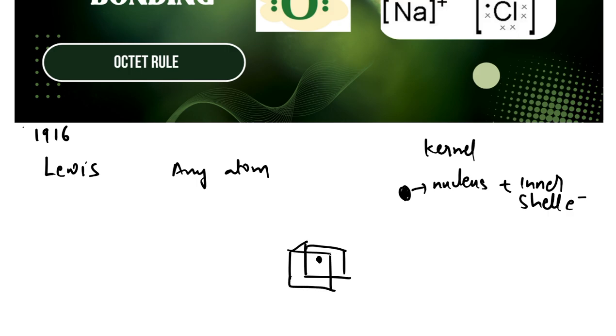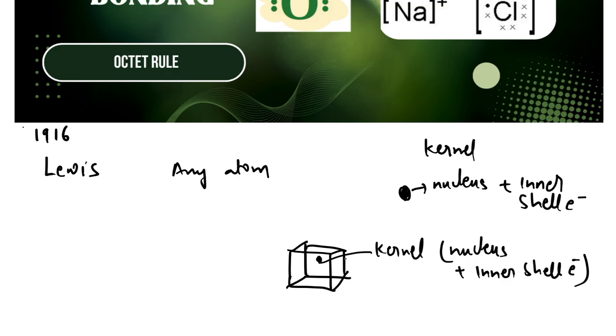You can draw a cube. Basically the kernel is the nucleus plus the inner shell electrons, and he considered that the outer shell electrons occupy the corners. There are 8 corners.